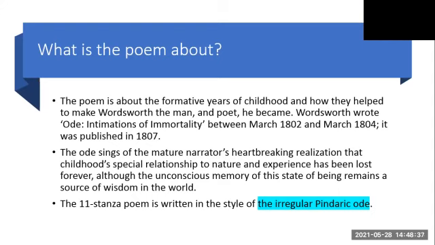It is about the formative years of childhood, formative years, السنوات التكوينية, and how these formative years helped to make Wordsworth the man and poet he became, how he gained experience from those formative years.